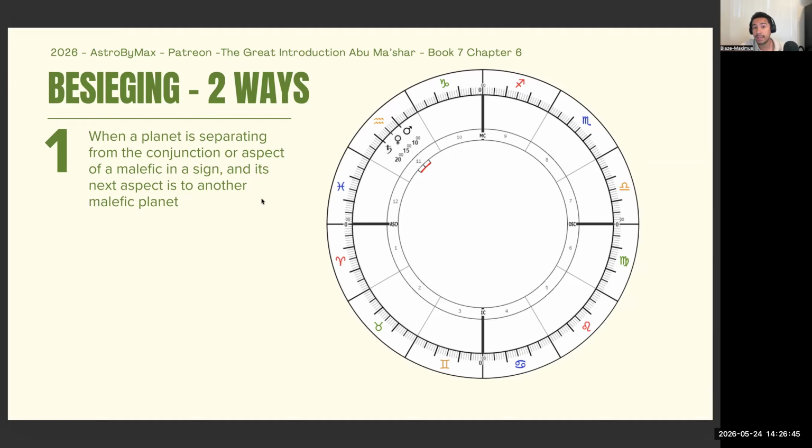So it's going from one malefic to another malefic, and this would represent thwarted actions, difficulty, sabotages, plots, people trying to impede on you, quite literally, especially if they're malefics. Besieging can also happen through the benefic planets, but if it's the malefics, it's sabotage, it's plots, it's deceits, all the above. People interfering, getting in your way, trapping you.